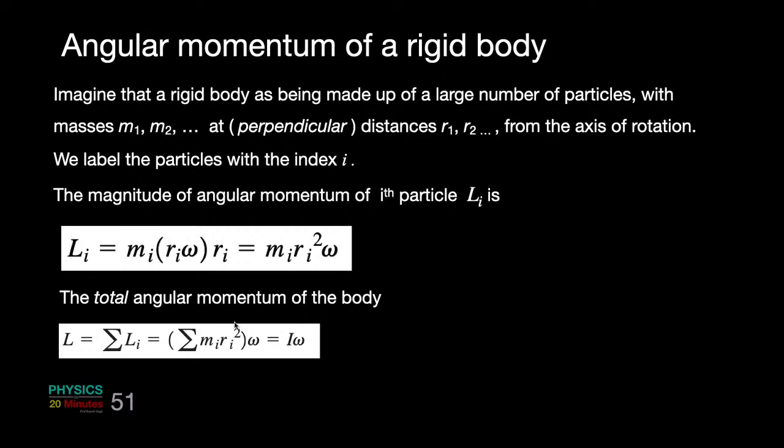So the quantity in the bracket here is nothing but the moment of inertia. So the angular momentum L in magnitude can be written as I times omega. I is the moment of inertia, omega is the angular velocity. This is how we write L for a rigid body.